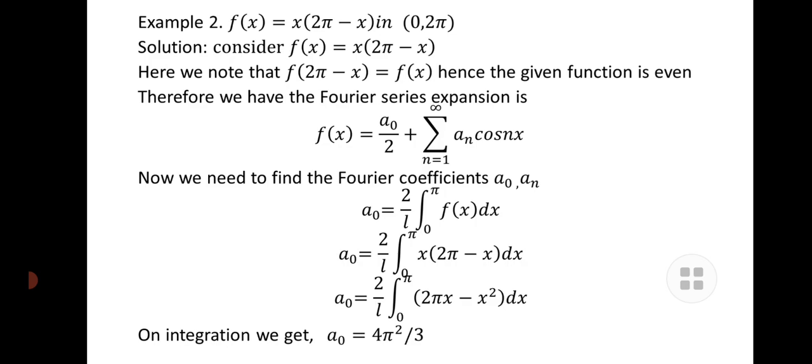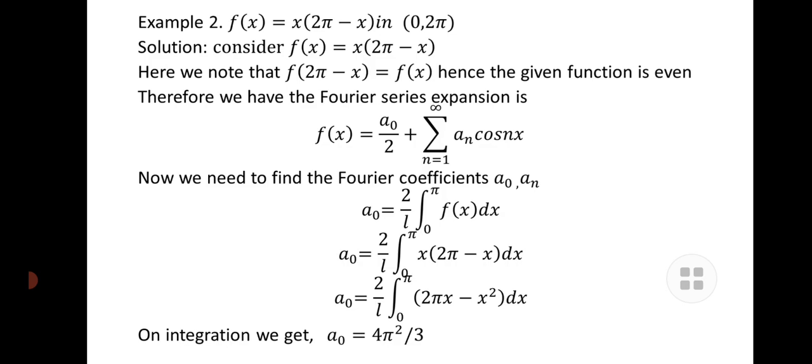Using Euler's formula, we can define a0 is equal to 2 divided by L integral 0 to pi f of x dx, and solving the a0 value, where f of x is equal to x into 2 pi minus x. So a0 is equal to 2 divided by L integral 0 to pi 2 pi x minus x square into dx.